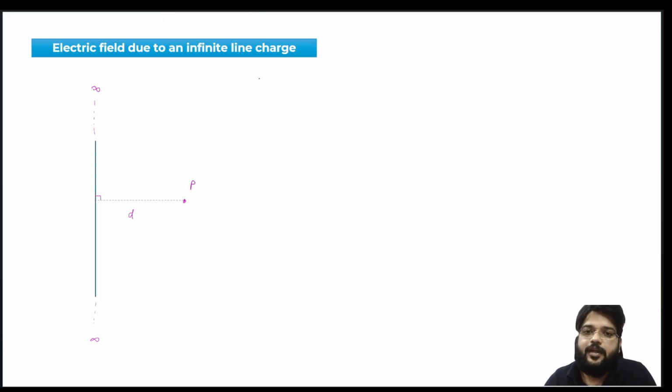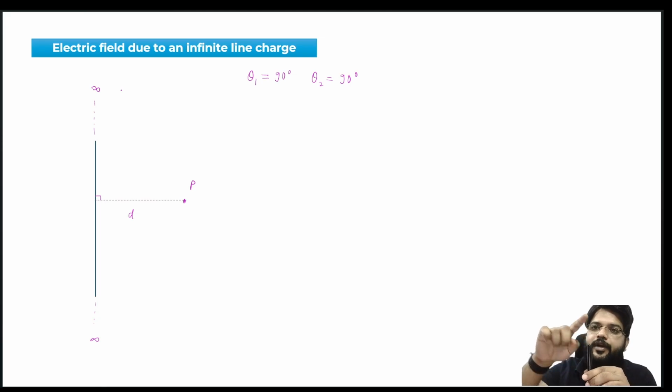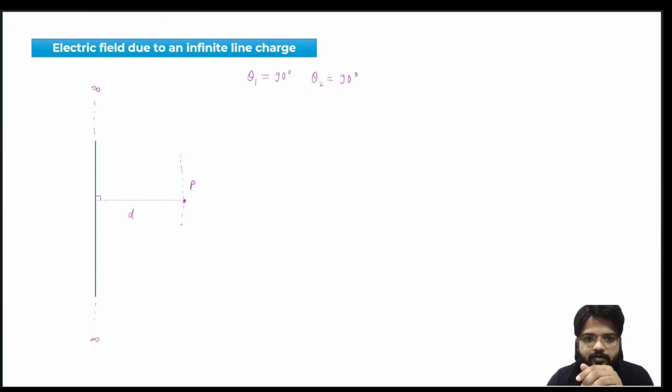So here theta 1 is 90 degree and theta 2 is also 90 degree when the rod is infinite, because if I connect the upper end, we don't know where the upper end is, so the line joining will go to infinity. So here we have 90 degree and this side also 90 degree. So theta 1 as well as theta 2 are both 90 degree, correct?